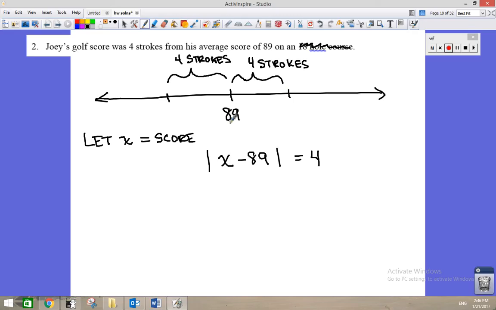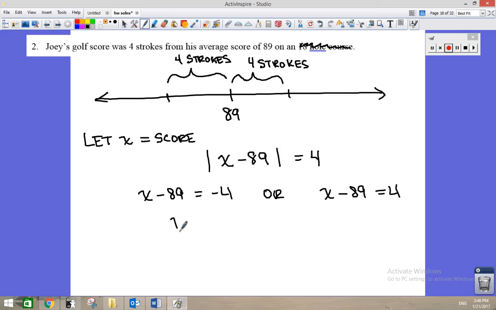The 89 is in the middle, and the 4 is the distance from that center, because we're calling this the new origin, the center. All right, so this can be solved as x minus 89 is equal to negative 4, or x minus 89 is equal to positive 4.